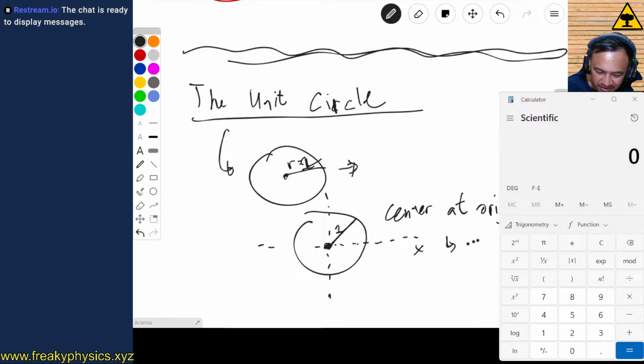In other words, the hypotenuse of any right triangle you inscribe within the circle is the radius of the circle, right?